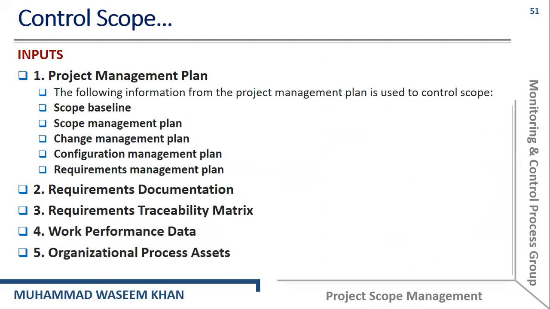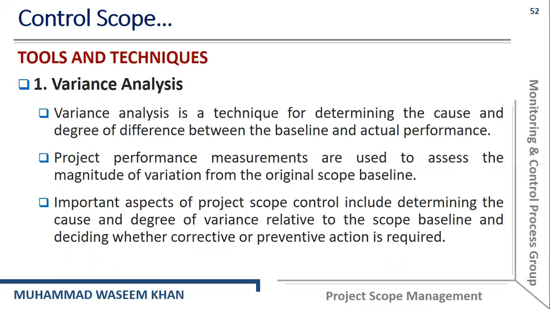It includes the scope baseline, the scope management plan, the change management plan, configuration management plan, and requirements management plan. Then we have discussed the requirements documentation, requirements traceability matrix, work performance data, and obviously organizational process assets. So we have discussed almost all of those inputs in the previous lectures.